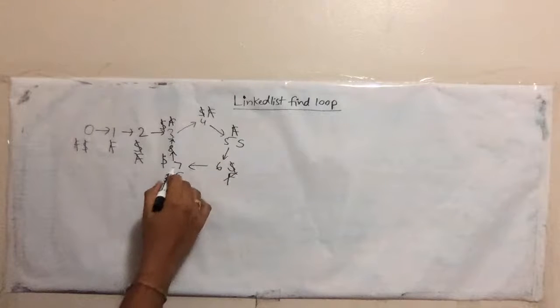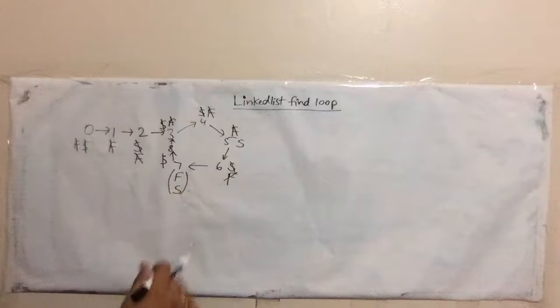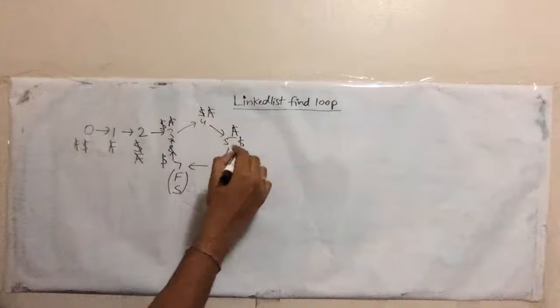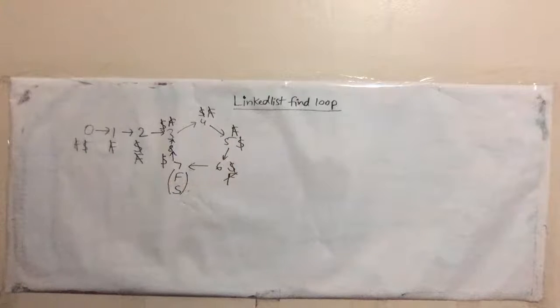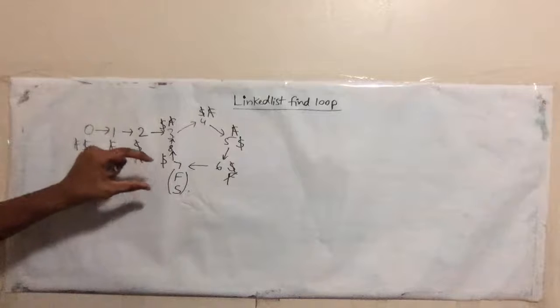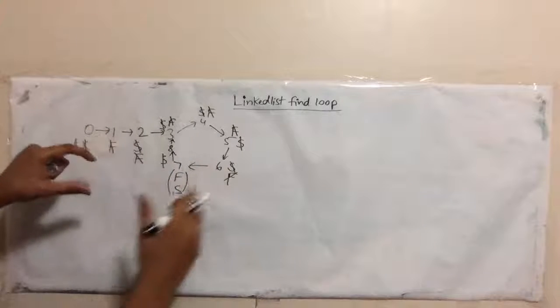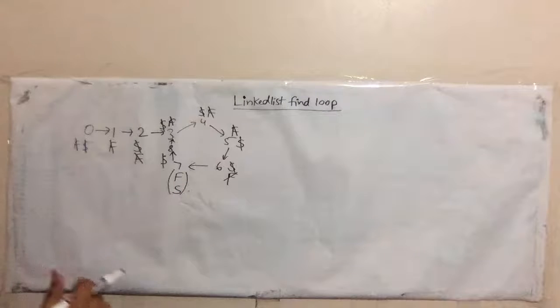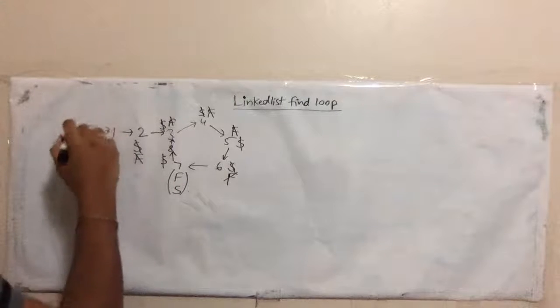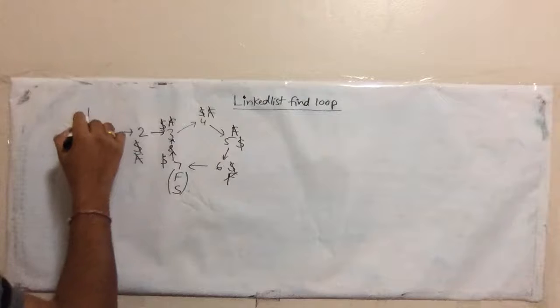So yeah, you can see the first and second pointers have met at the same point. This is the location where we will stop iterating further. So what I'm going to tell is I will take some distance.